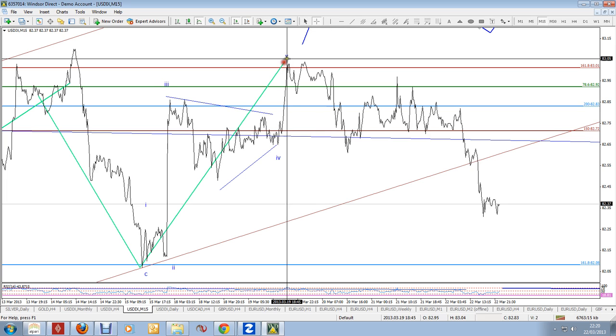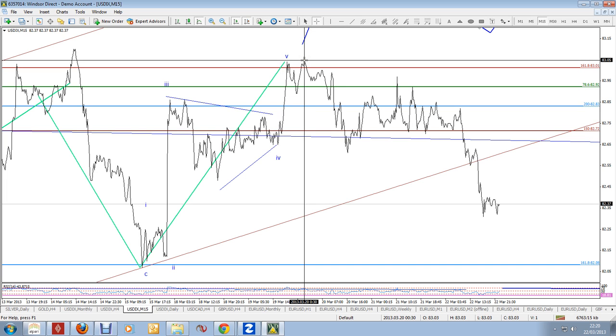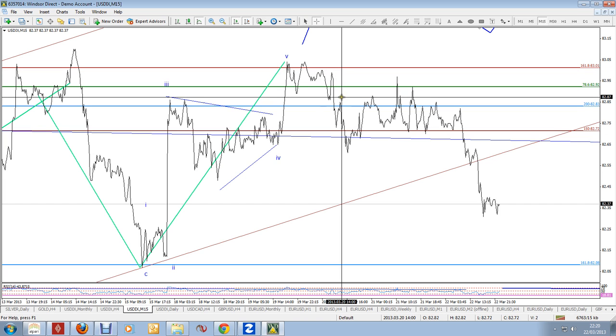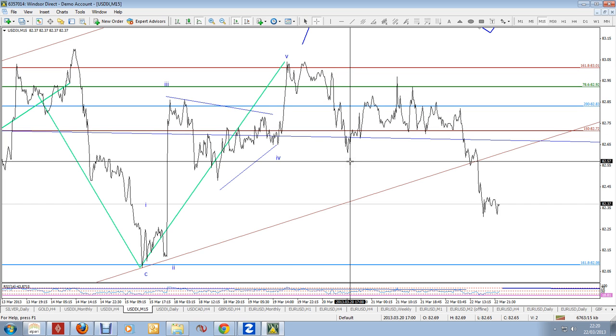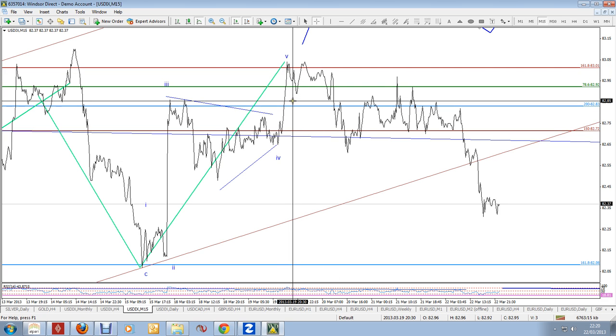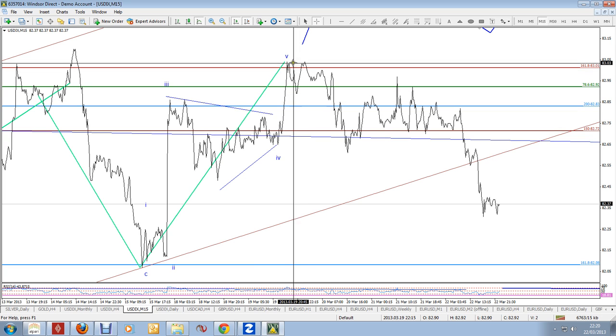If we do it this way, we go 1, 2, and then 1, 2, 3, 4 and 5.